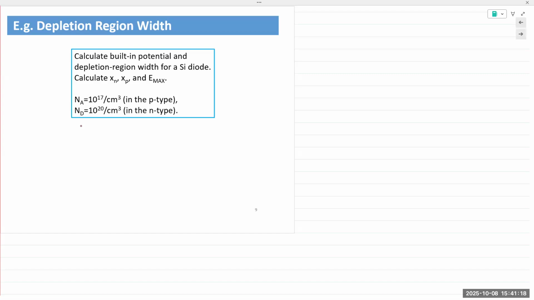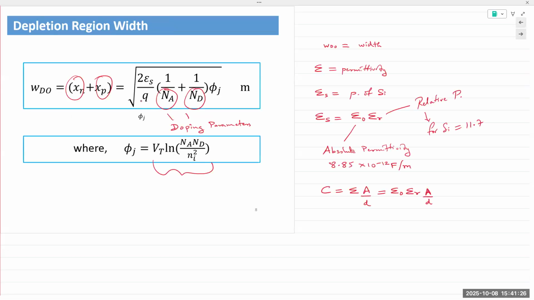All right, so let's calculate. What do we need? We need Na and Nd, and we need phi j if we wish to calculate WD0. So let's go back to this equation. We need epsilon S, which is something we can calculate. That's going to be a constant because it's silicon. We need Na, we need Nd, and we need phi j.